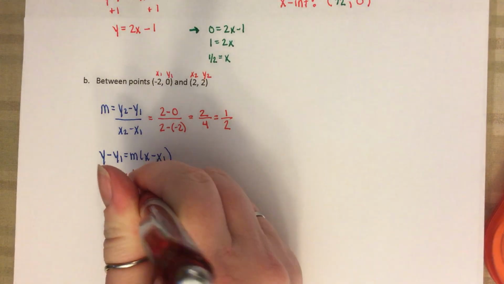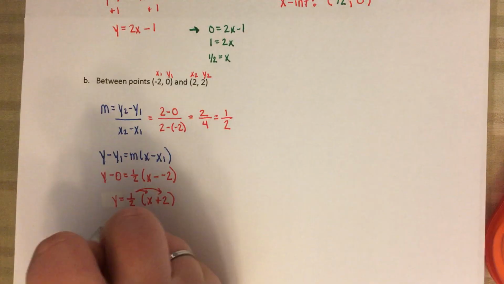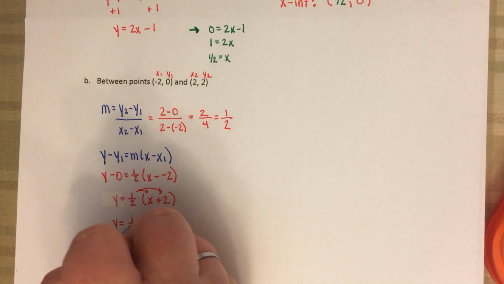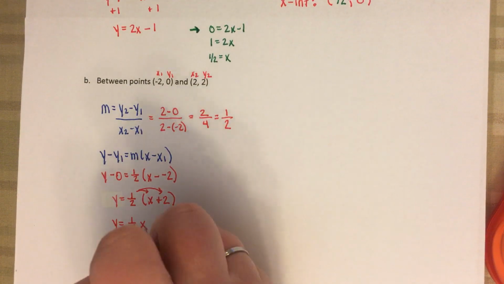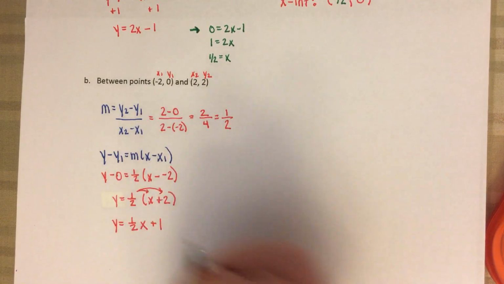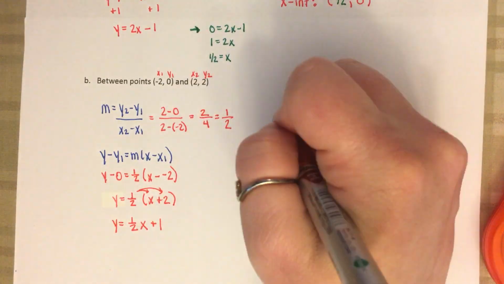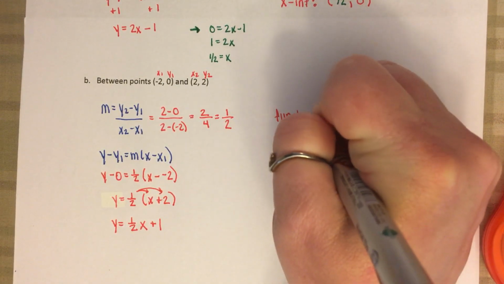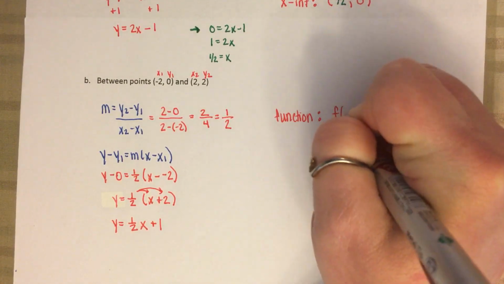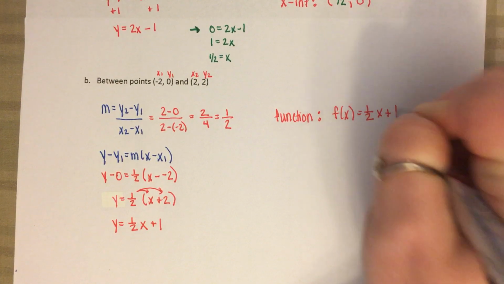Then we need to distribute. y equals 1/2 x. 1/2 times 2, half times 2 is just 1. So 1/2 x plus 1. So our function form, f of x equals 1/2 x plus 1.